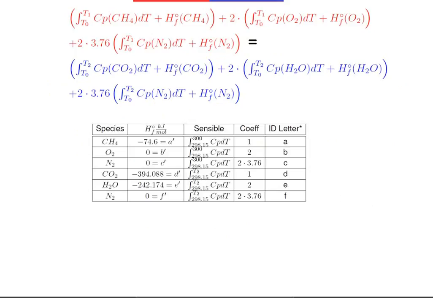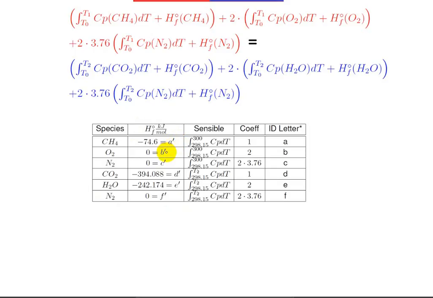All right, so in this table, I've identified the species. We have methane, oxygen, nitrogen, that's reactants. And then on the product side, we have CO2, water, and nitrogen again. I've also identified the heats of formation, minus 74.6. I looked that up. I'm going to give that a variable name, A prime, which I'll explain in a minute.